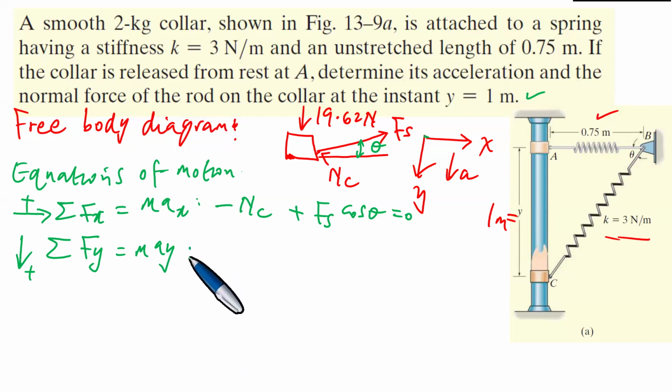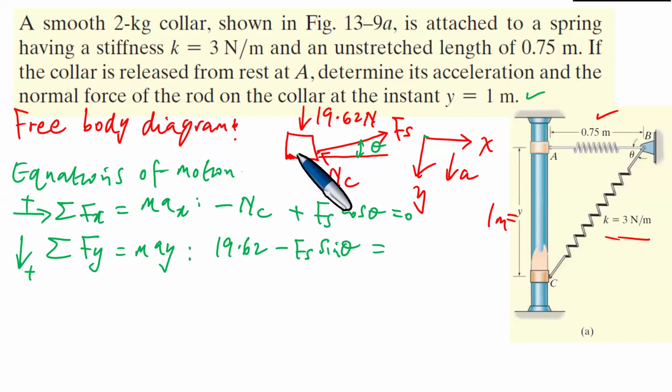Sum of the forces in the y direction. Let's look at the sum of the forces in the vertical. We have the 19.62 Newton force, and then minus Fs sine theta. Now what do we get here?